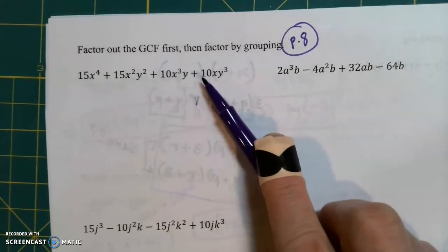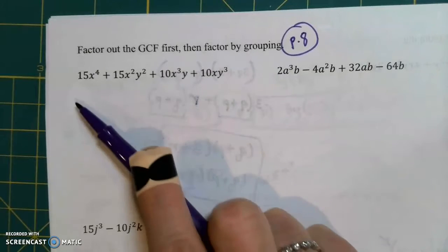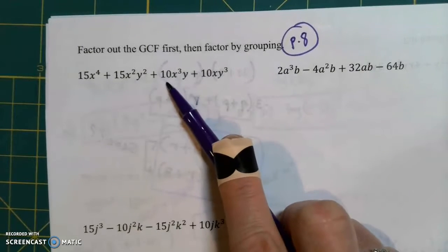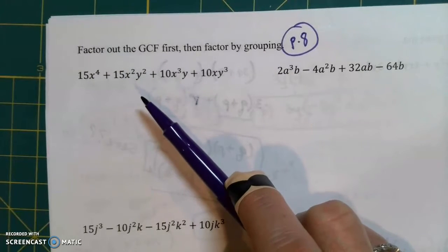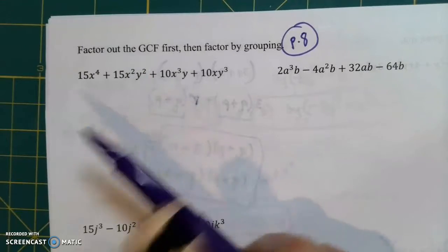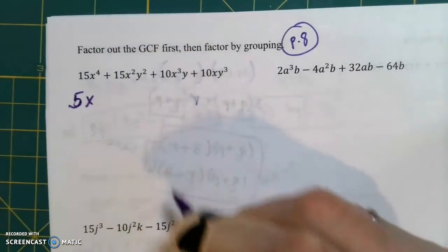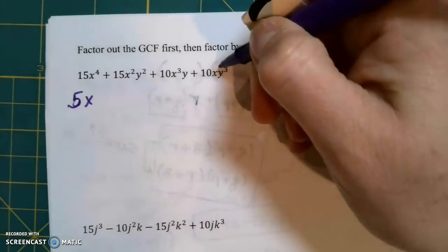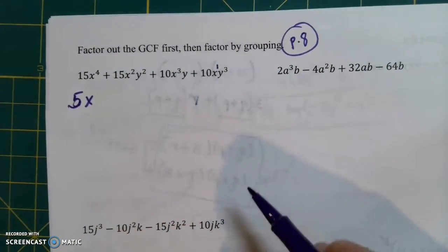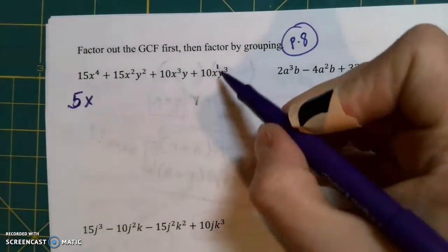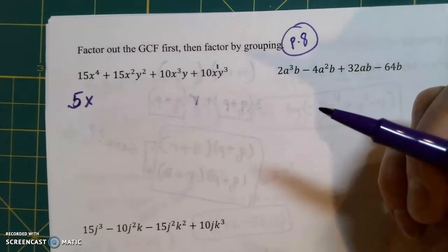X's, there are x's in each term. And then if I look at 15 and 10, we have a greatest common factor of 5 for the number part. So 5x is going to be the biggest that I can pull out, because remember, we are going to take the smallest exponent, and the exponent that is not written there is 1.